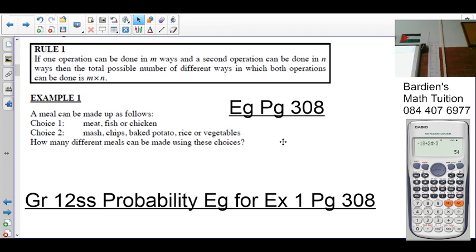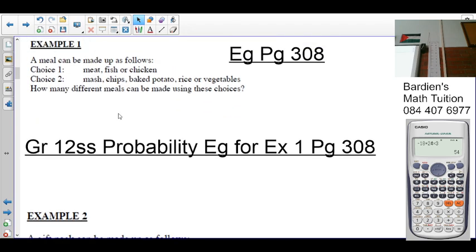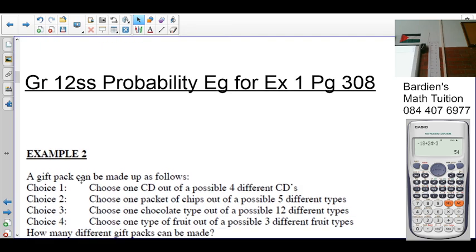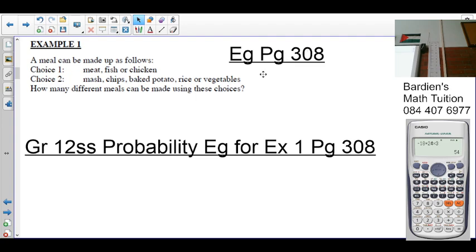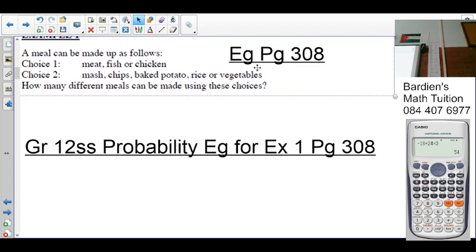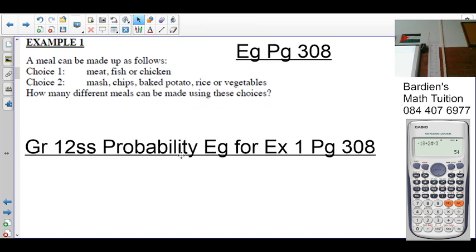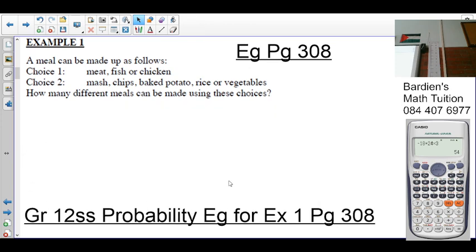Okay, so let's look at example 1, also on page 308. We are told that a meal can be made up as follows. Choice 1, you can have meat, fish or chicken. Choice 2, you can have chips, mash, baked potato, rice or vegetables.